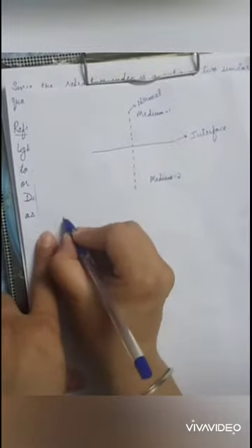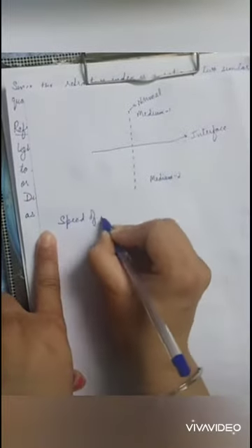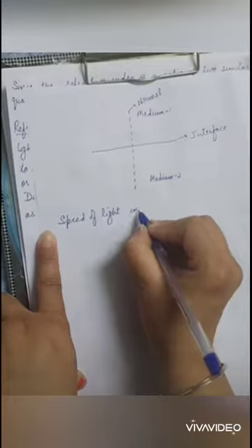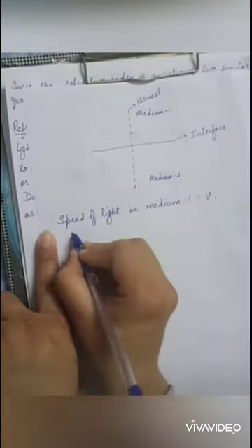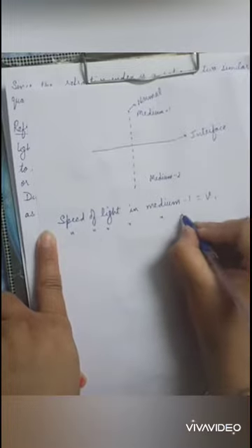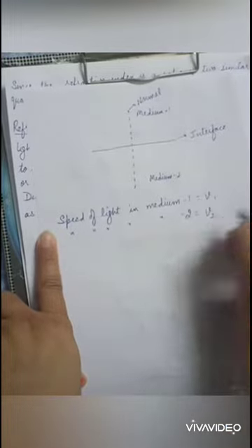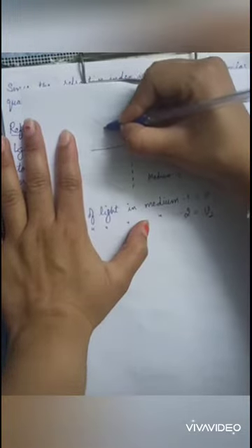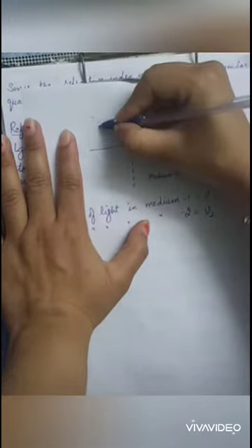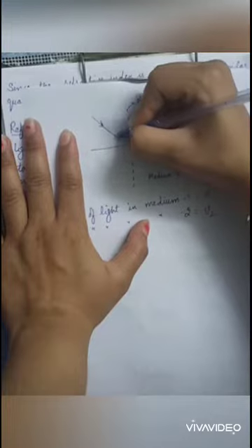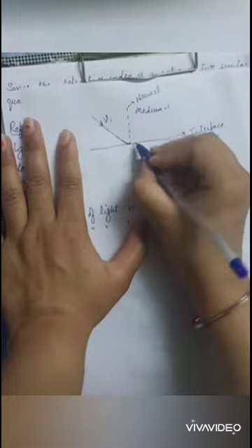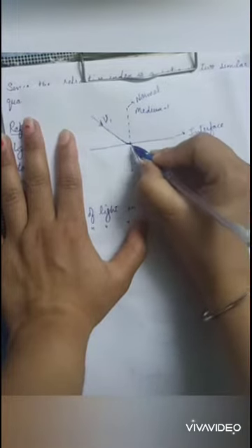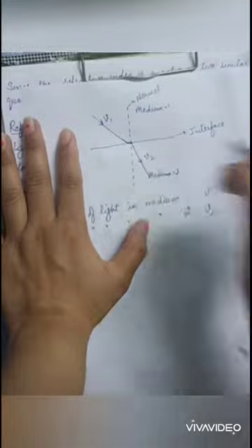Let us suppose the speed of light in medium 1 is v1 and the speed of light in medium 2 is v2. This one is the incident ray. Its speed is v1. When it goes from one medium to another, it changes its path with speed v2.